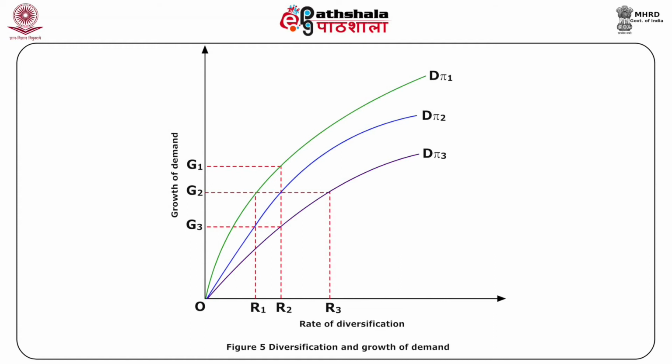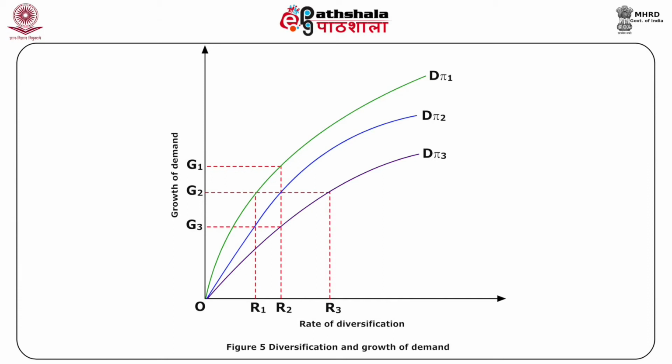Figure 5 shows the relationship between growth in demand and diversification for different levels of profit. The curves slope upward towards the right with a diminishing slope. Each of the curves represents the demand growth curve in relation to a different level of profit, with dπ1 representing a lower level of profit as compared to dπ2 and dπ3.